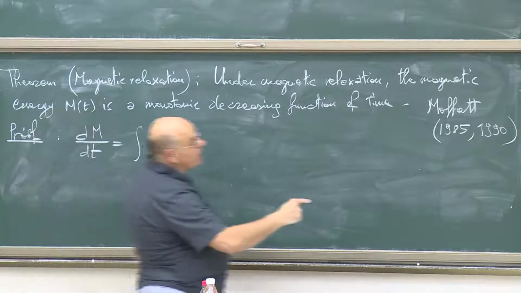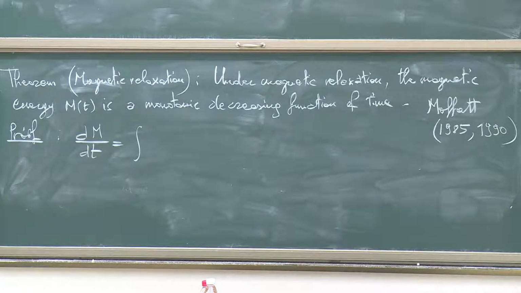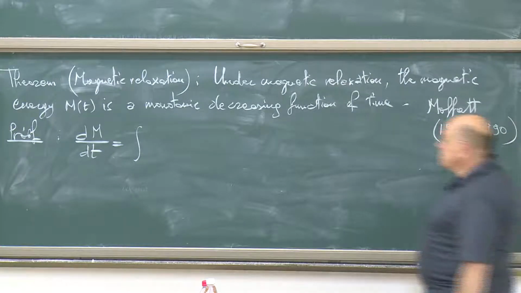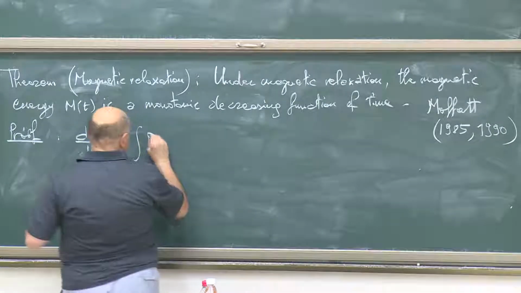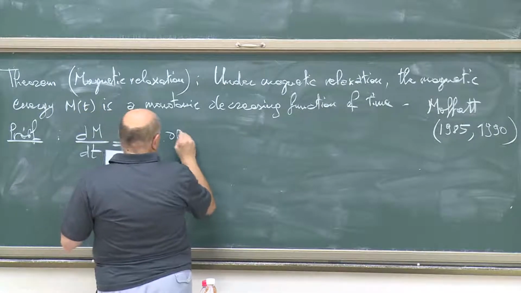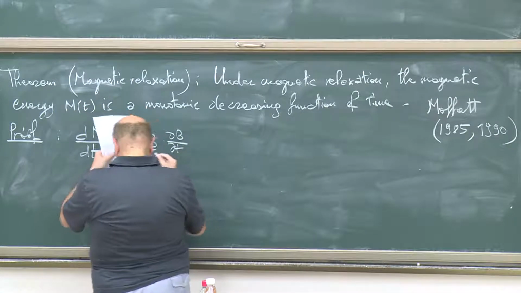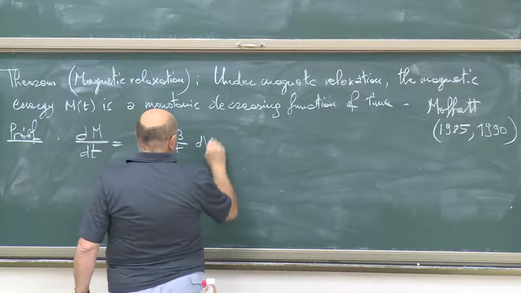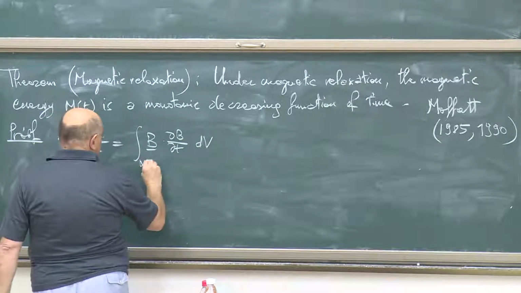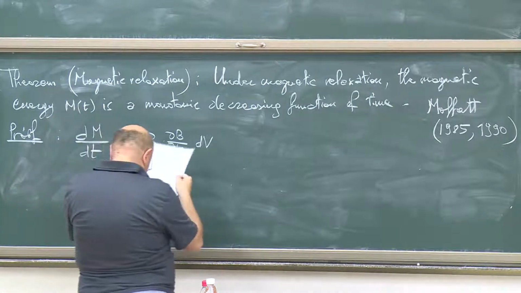There is a B squared in the energy, and there is a half in my definition of magnetic energy at the beginning, so the 2 and the 2 cancel. And so we are left with B times dB/dt in the volume of the magnetic field.